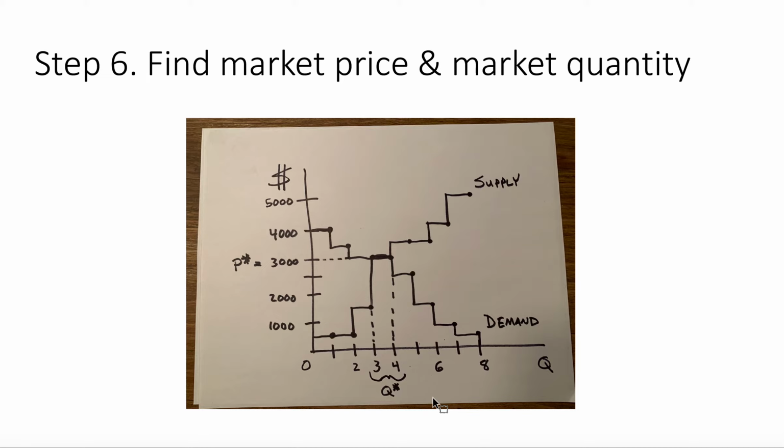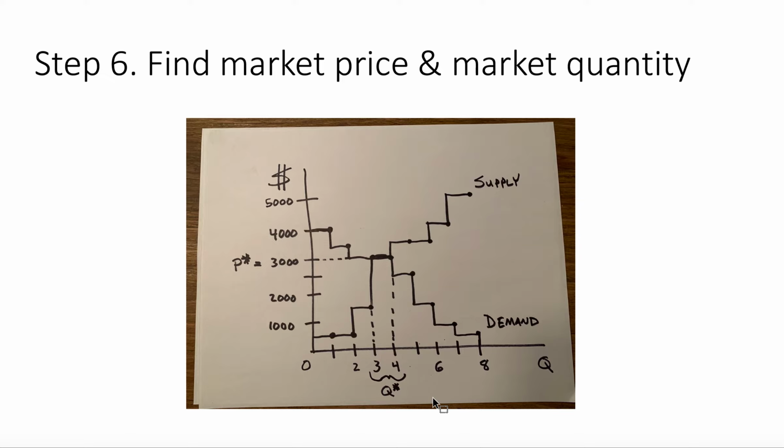This gets a little bit imprecise because you have this staircase rather than two straight lines with one price and one quantity. When you do the staircase up and down for supply and demand, you're going to get either two prices and one quantity, or in this case, which I try to do more often, one market price and two potential quantities.